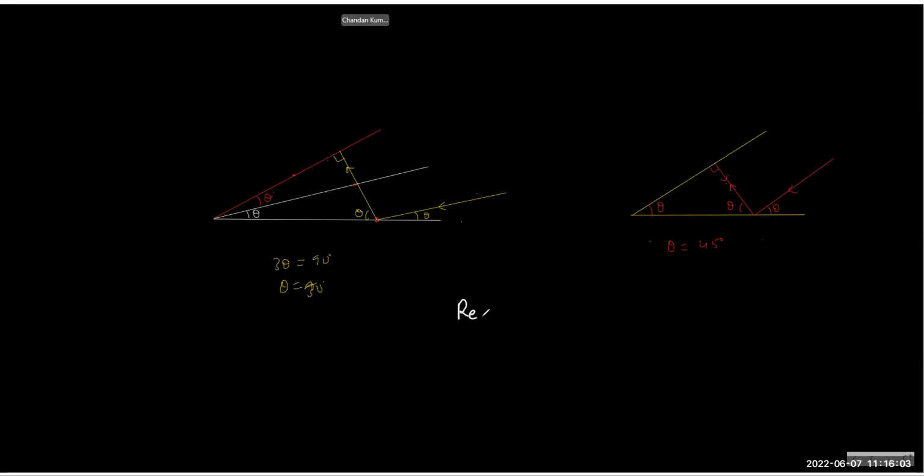So retrace after nth reflection must be equal to 90 upon n, correct?